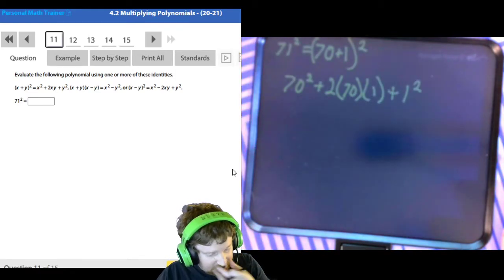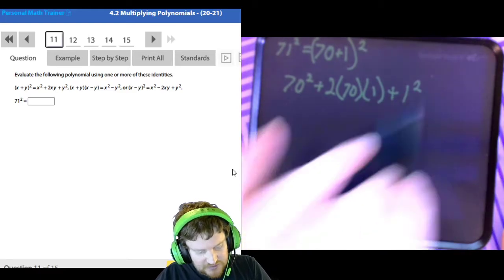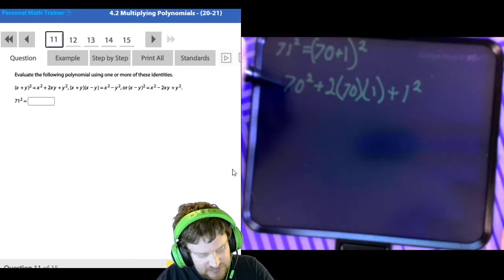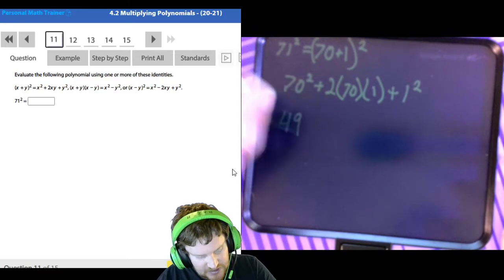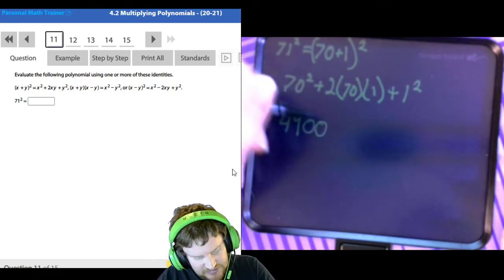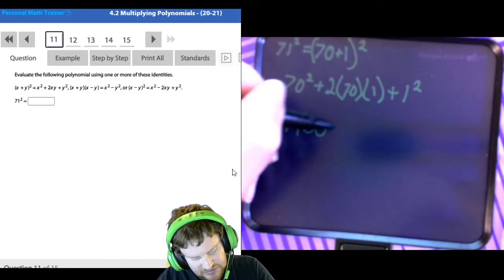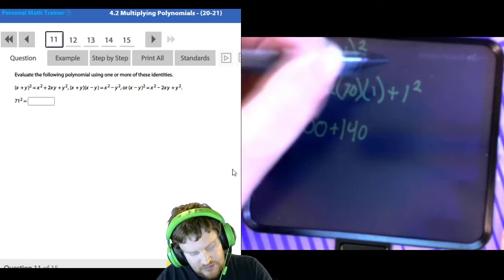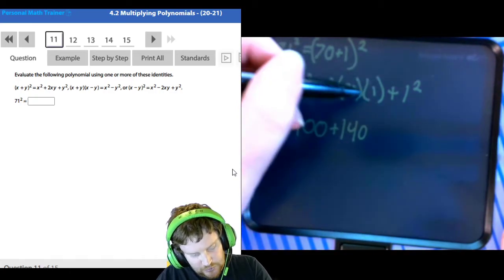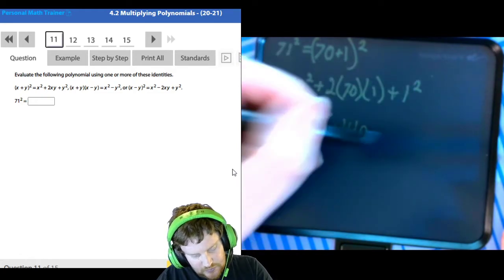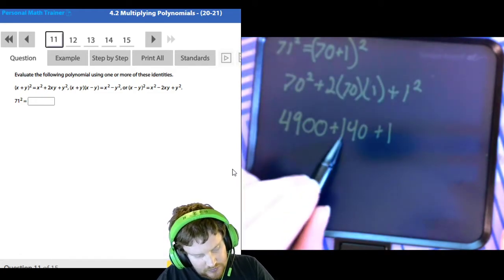The reason I chose 70 and 1 is because 1 makes all of this very, very easy. 7 squared is 49. Once again, since we have a 0, we just add 2 zeros to the end of it. 2 times 70 is 140. And we don't have to worry about this because multiplying by 1 is just the same. And then 1 squared is 1.